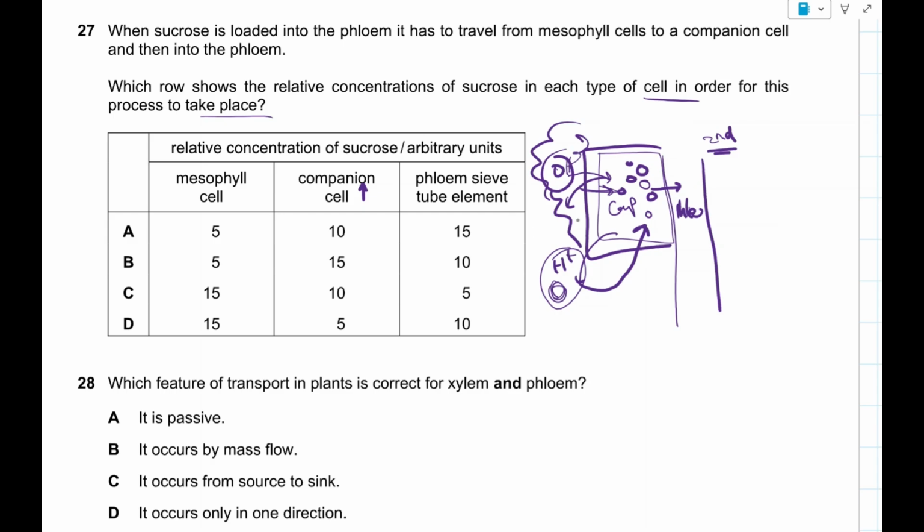And now the last concentration, or the lowest, is going to be the mesophyll cells. Now here we're looking for the row which has the highest concentration of sucrose in the companion cells compared to the phloem sieve tube elements and mesophyll cells. Therefore, this is the only logical measurement. Therefore, the answer is going to be B.